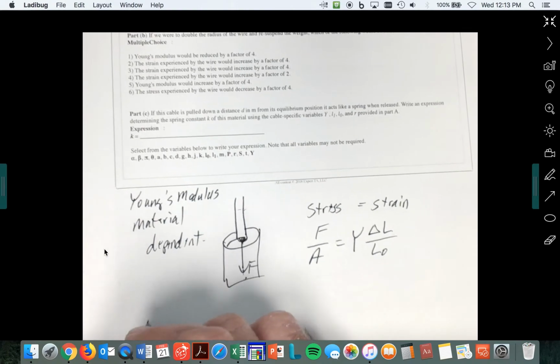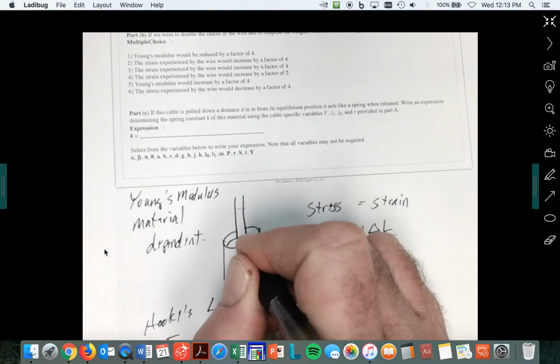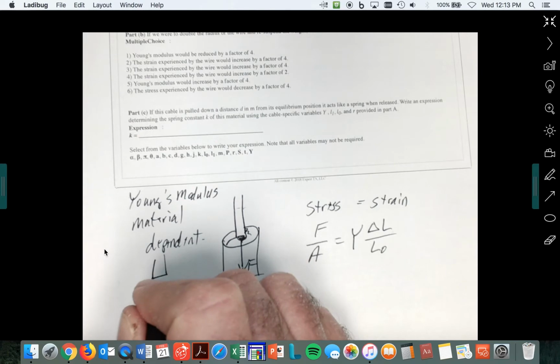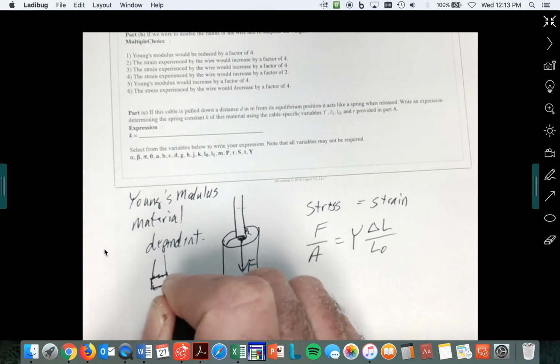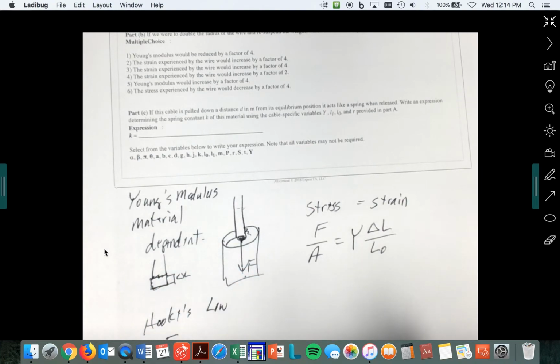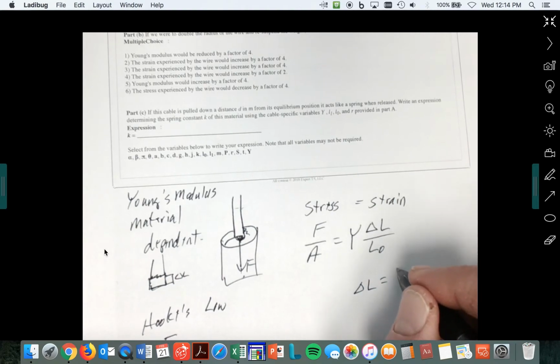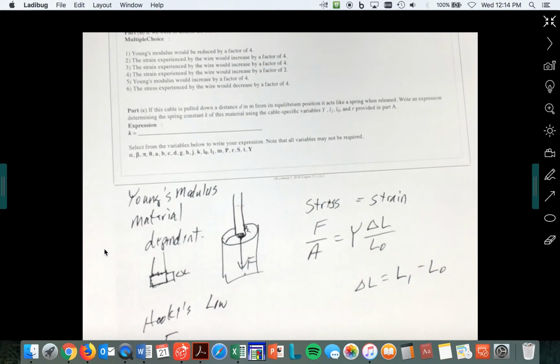One other thing, Hooke's law. Hooke's law says that the force pulling down on this, if it stretches the string from here, say, to here, so this is the old length and now it's the new length, and this is delta L. Delta L is equal to L1 minus L naught, the stretched length.